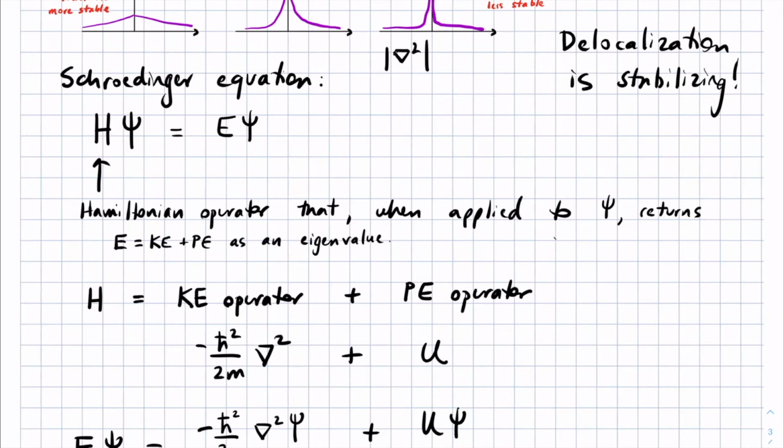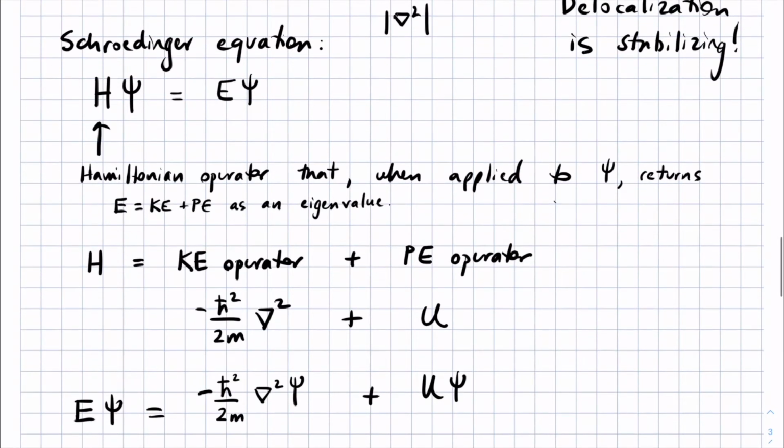And the Hamiltonian operator contains two components. It contains the kinetic energy operator and then a potential energy operator.